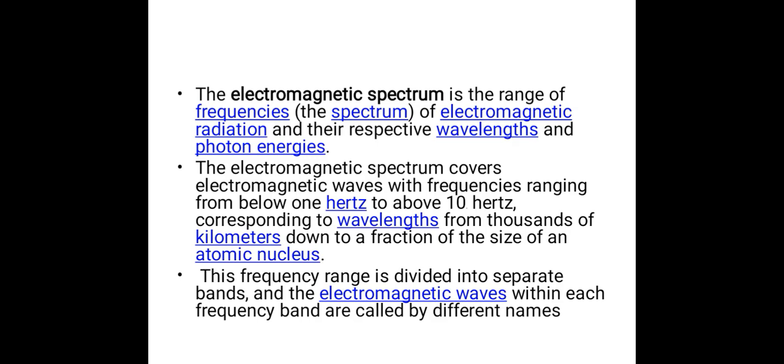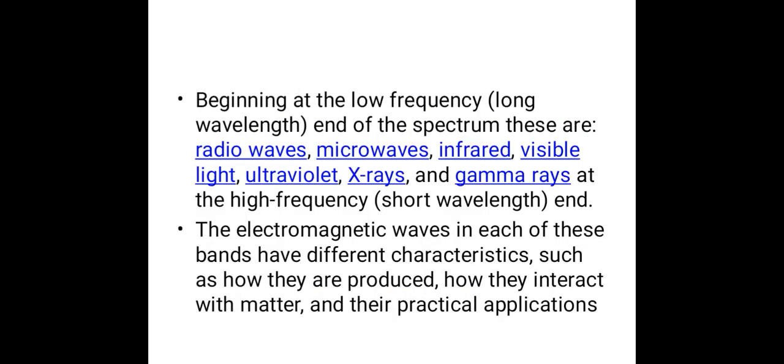This frequency range is divided into separate bands, and the electromagnetic waves within each frequency band are called by different names. Beginning at the low frequency, long wavelength end of the spectrum, these are radio waves, microwaves, infrared, visible light, ultraviolet, X-rays, and gamma rays at high frequency and short wavelength.